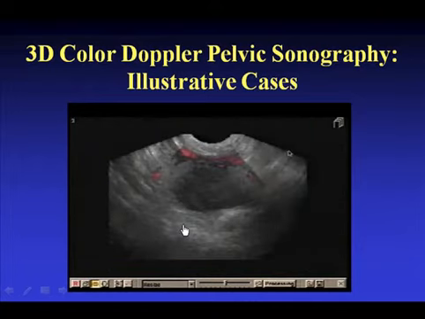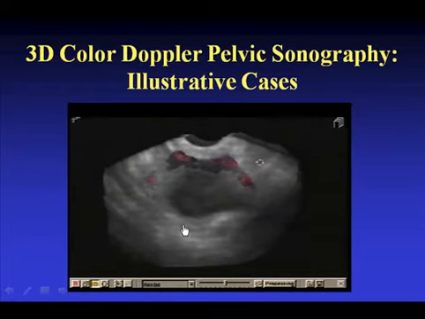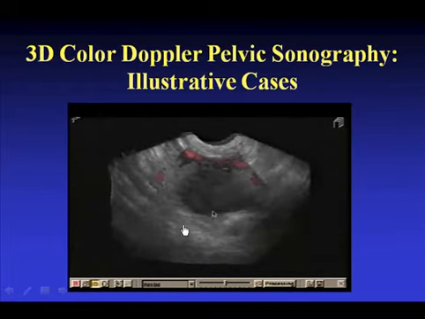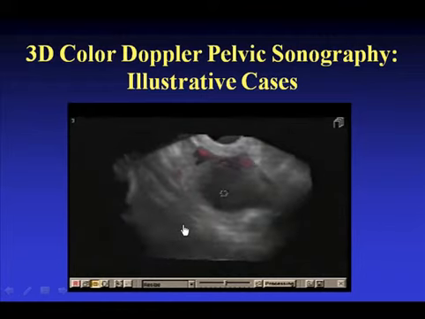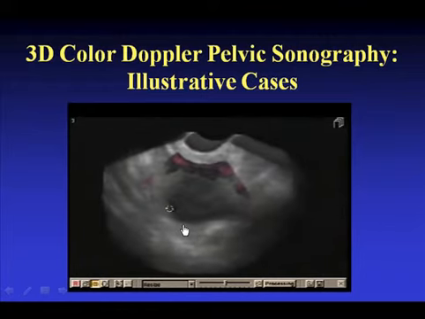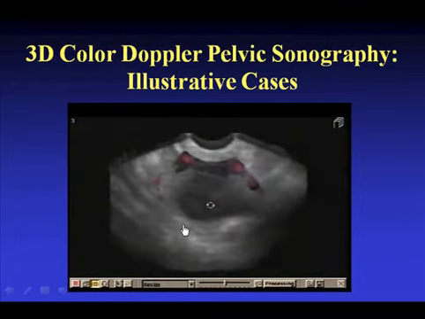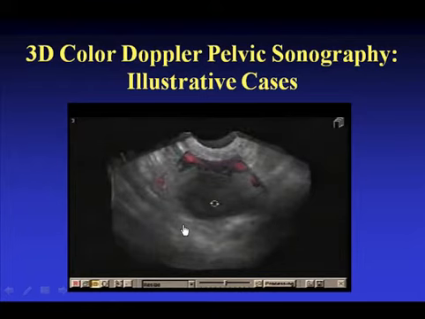This is the sample volume where we can see the relationship of the vessels to the morphologic abnormality. These are all abnormal vessels in the area of thickening inside of this lesion.